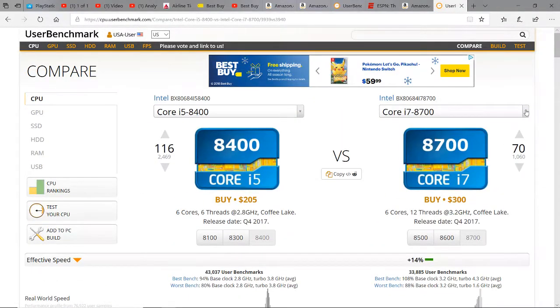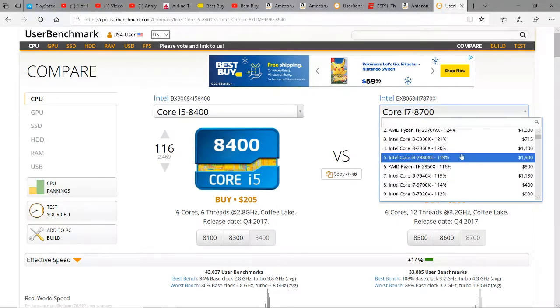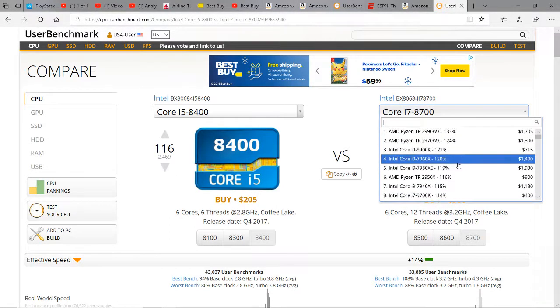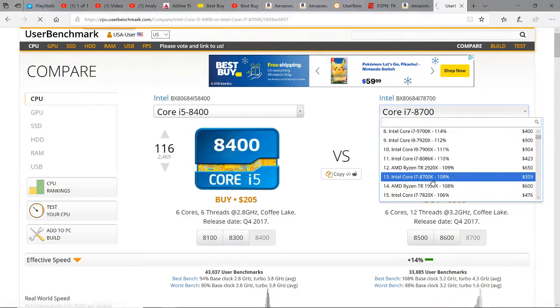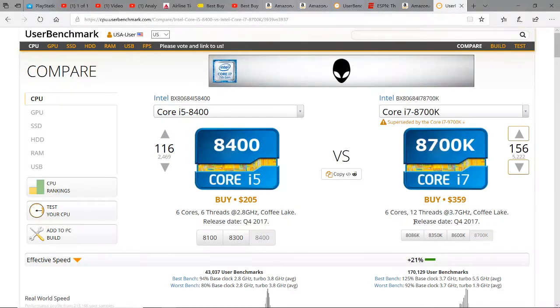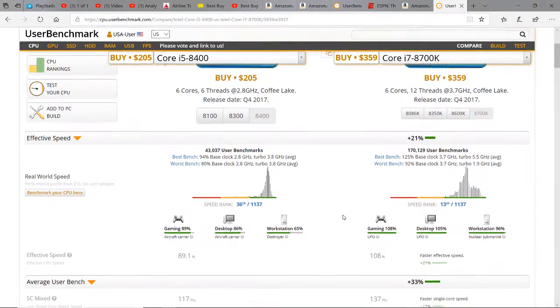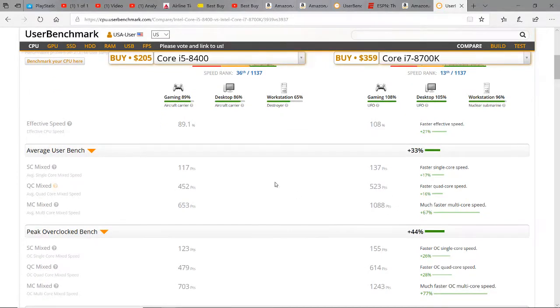Let me throw in the 8700K just so we can see a few differences. It is the 13th ranked, so a little higher operating speed, 12 threads, which I think we already noted. Single core score is slightly higher.